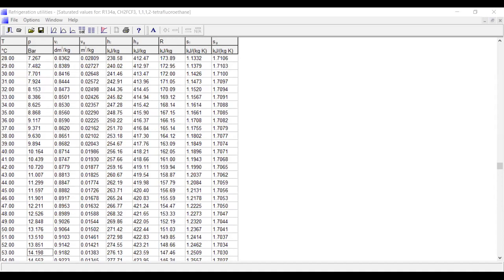Okay. Example, let's say here we take R134A. If R134A liquid at 30°C, it should be pressurized to 7 bar.